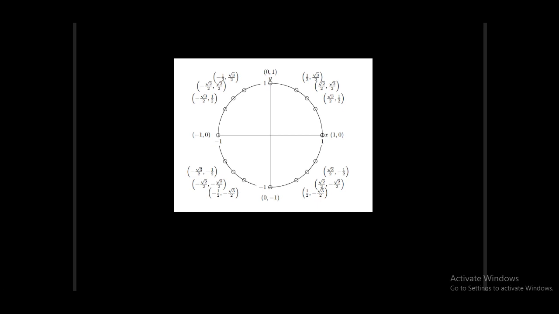Before we talk about what it is and how to use it, let's do some revision. Remember that sine of theta is the opposite over the hypotenuse, which is the same as y over r, right?